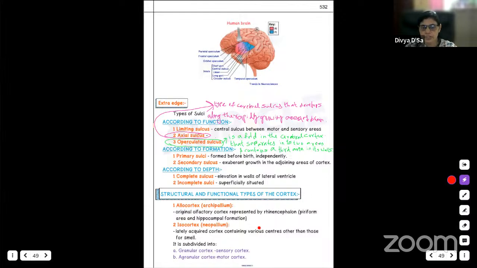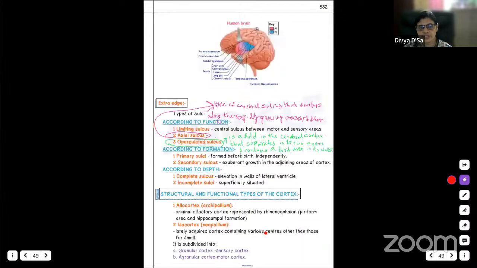According to the formation, we have primary sulci, which are formed before birth independently, and secondary sulci, which are basically exuberant growth in the adjoining areas of the cortex. According to the depth, there is complete sulcus, which is elevations in the walls of the lateral ventricle, and incomplete sulcus, which are superficially situated.